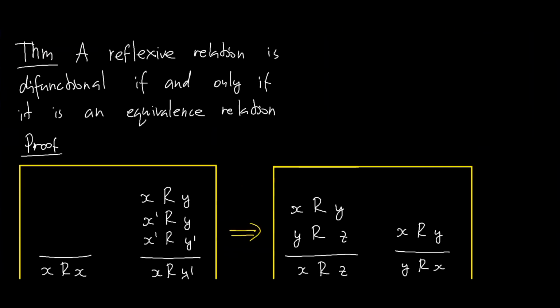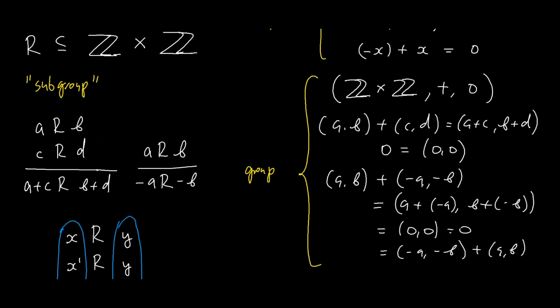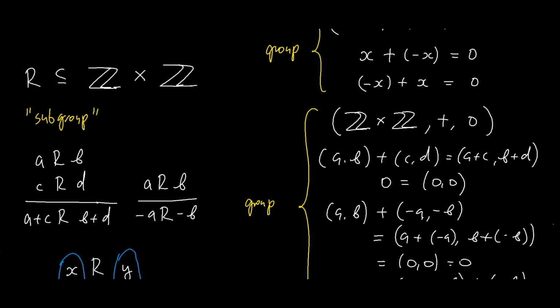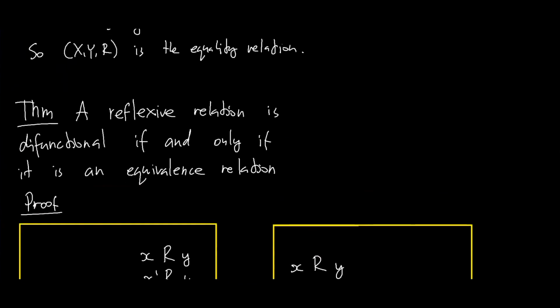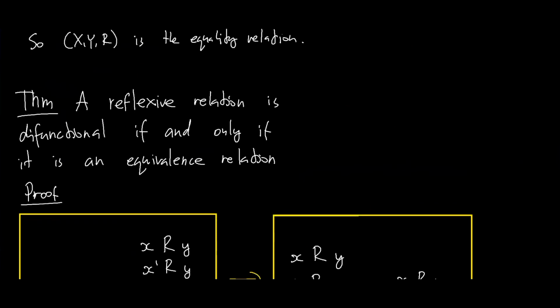But coming back here, the fact that compatible relations on integers turn out to be difunctional, together with this fact that every reflexive relation is difunctional, will have an important consequence on describing congruences for groups. But I need to refrain from going there, because that will be a topic for a separate lecture.